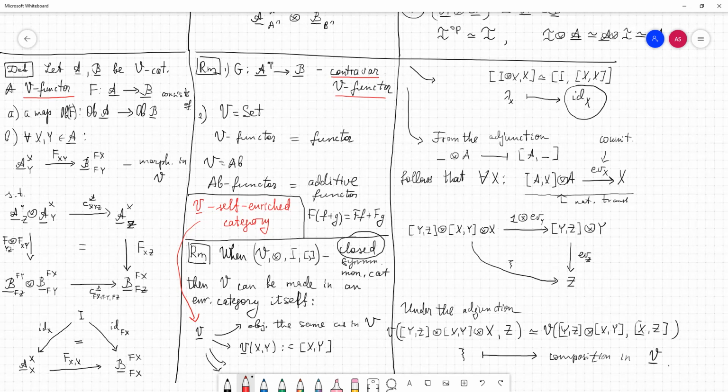As usual, I did only half of the things that I prepared for today. Next time, we will go into what it means to be a representable V-functor. So, what is the Yoneda lemma? And we will define ends and maybe coends too in case of V categories. Why do we get to all this stuff?